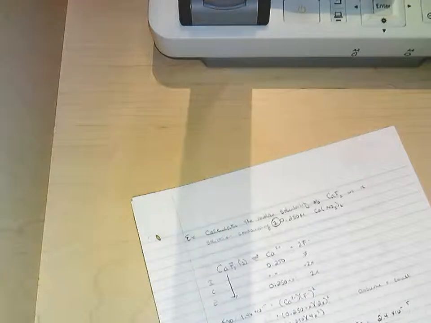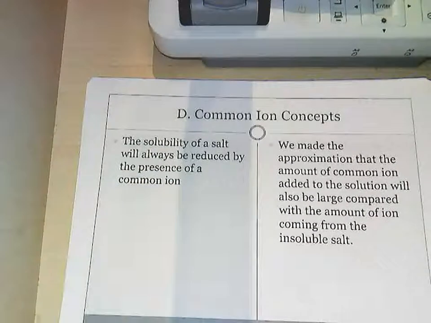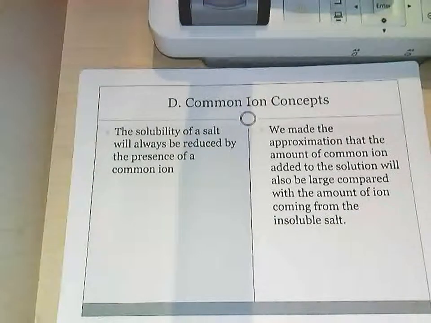All right, so we were talking about molar solubility, and we just started talking about the common ion. The common ion, like we talked about on Wednesday, reduces the solubility of a salt when you are in the presence of a common ion.